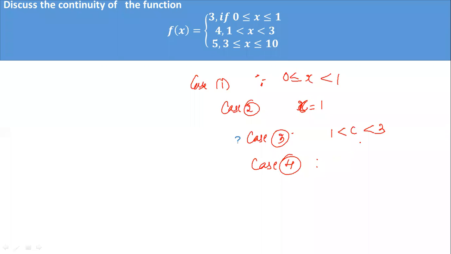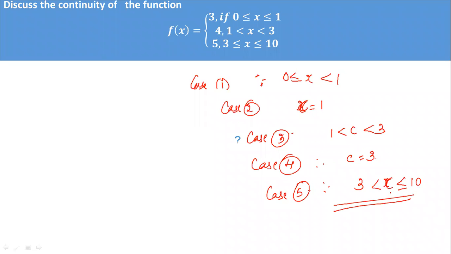Case 4 is x is equal to 3. And what is case 5? Case 5 is 3 less than x less than or equal to 10. So these are your 5 cases.